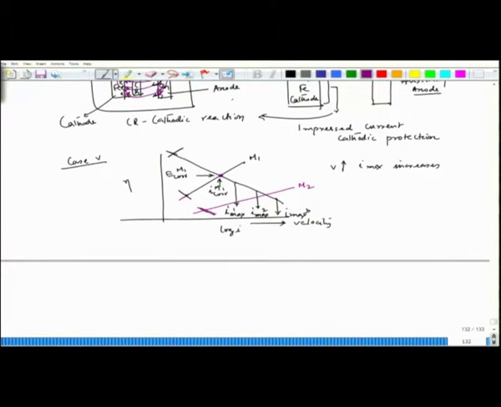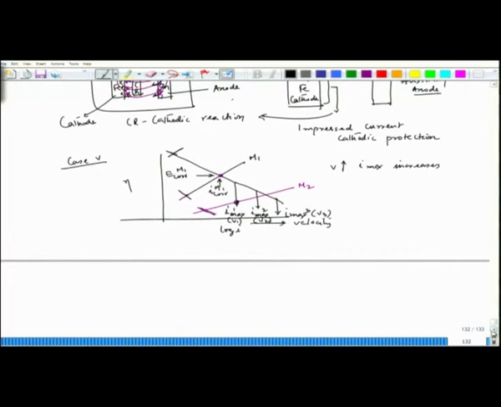In this case, I could see when the velocity is V1, this is V2, this is V3. When it is V1, I could see that it is cutting at this point.